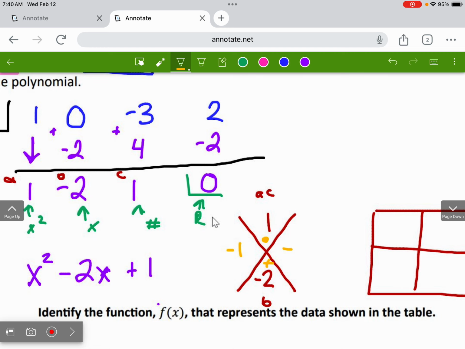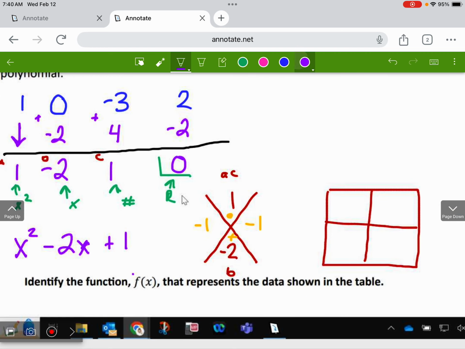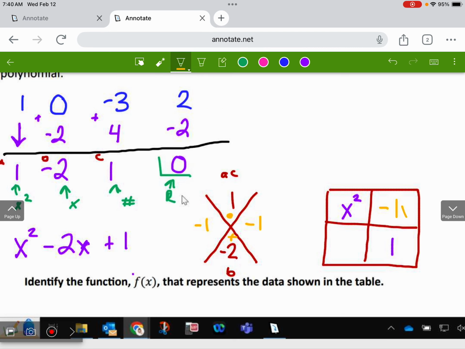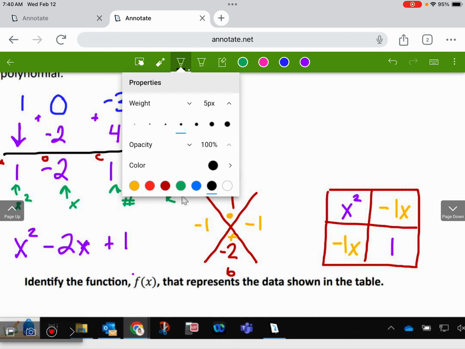Negative 1 and negative 1. So when we fill in the box to do the rest of our factoring, we have our x squared from our equation and our 1 from our equation. And then we have our minus 1x and a minus 1x, which means what are we going to get as factors?